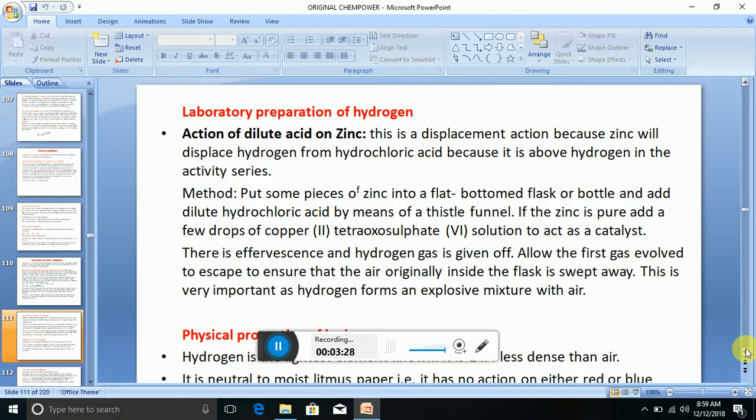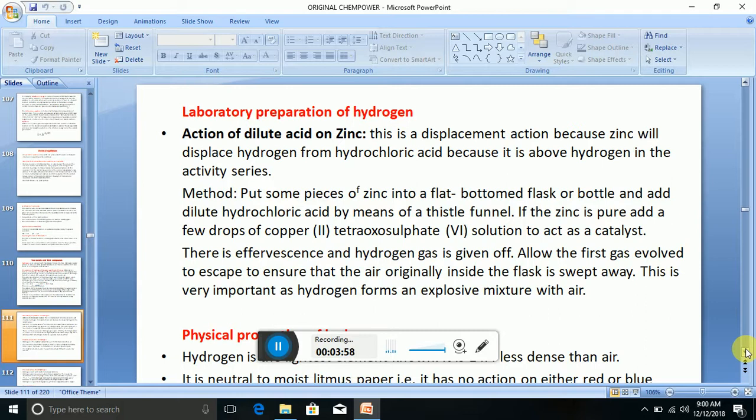Method: put some pieces of zinc into a flat bottom flask or bottle and add dilute hydrochloric acid by means of a thistle funnel. If the zinc is pure, add a few drops of copper(II) tetraoxosulfate(VI) solution to act as a catalyst.